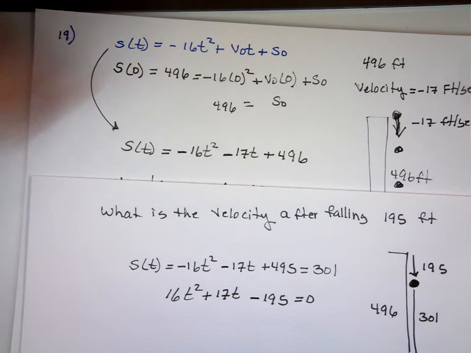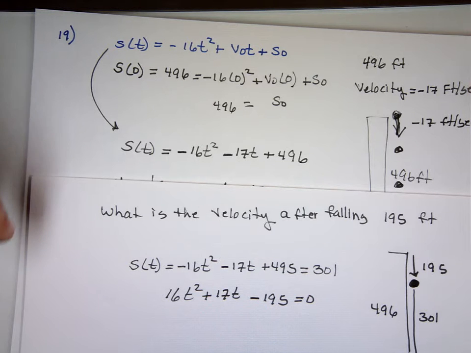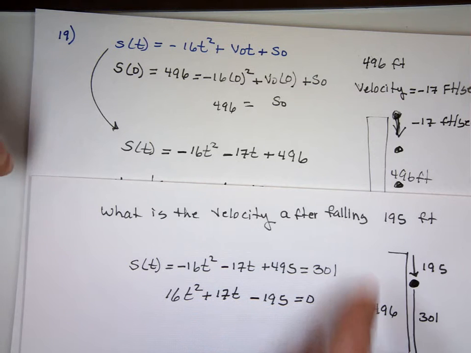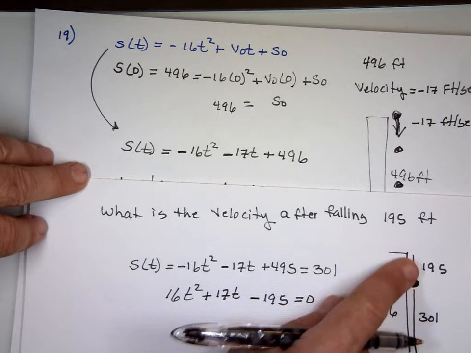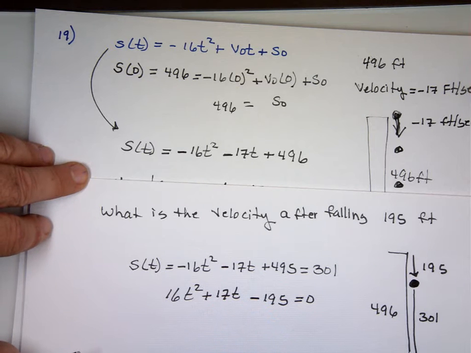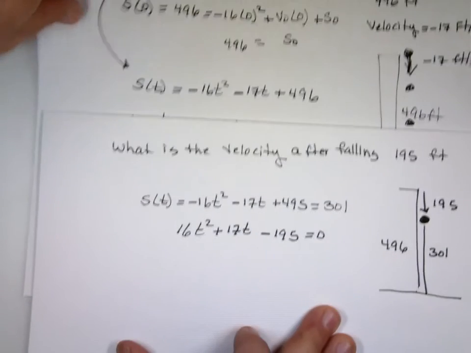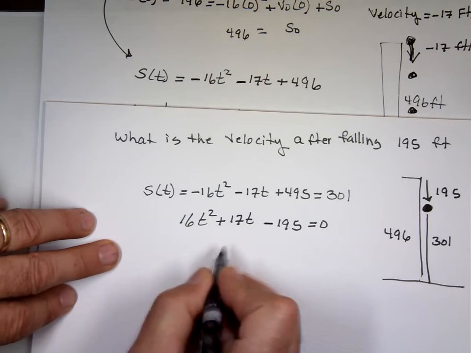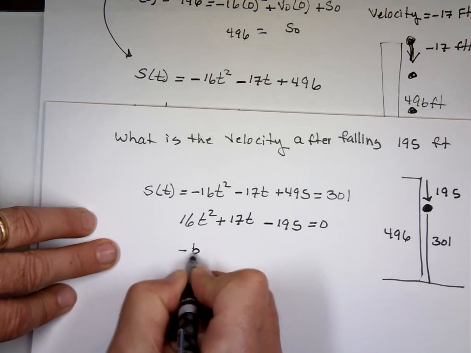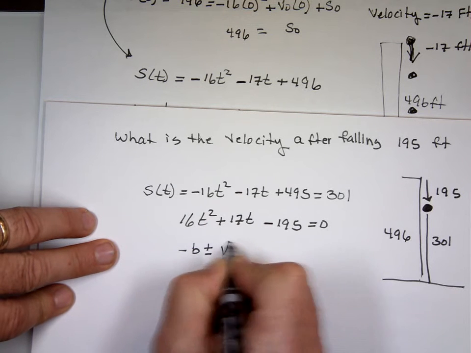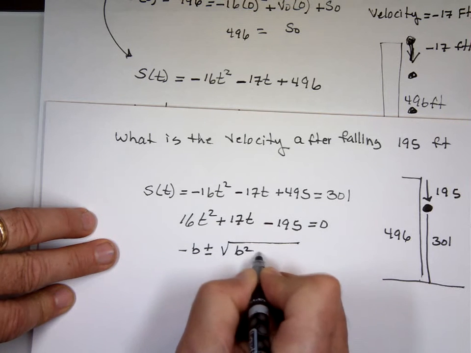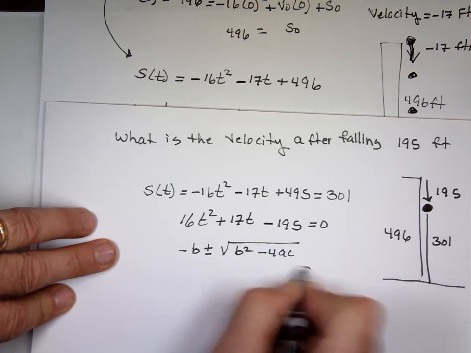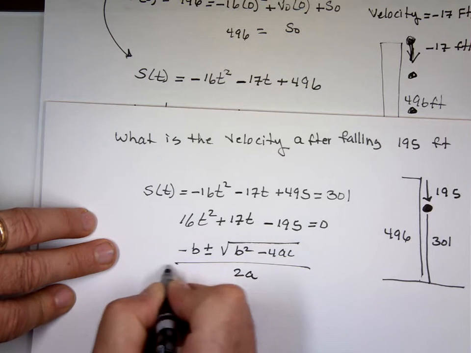Can we solve for t now? We can figure the time. How long is it going to take the rock? How long did it take the rock to fall 195 feet? Quadratic formula: minus b plus or minus the square root of b squared minus 4ac, divided by 2a.